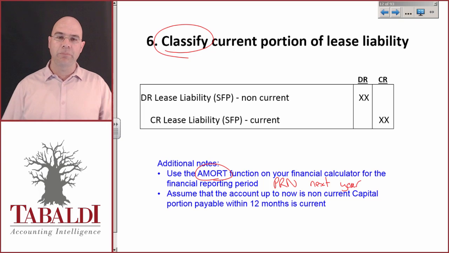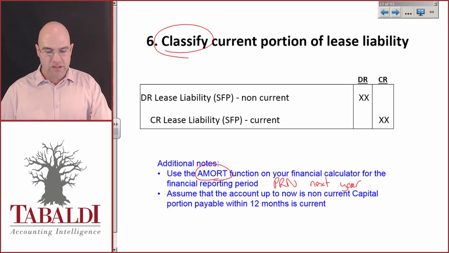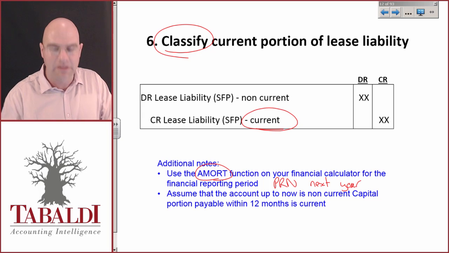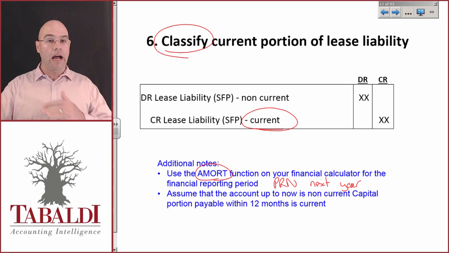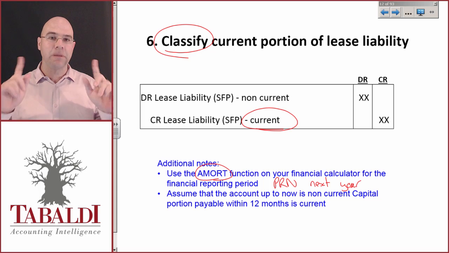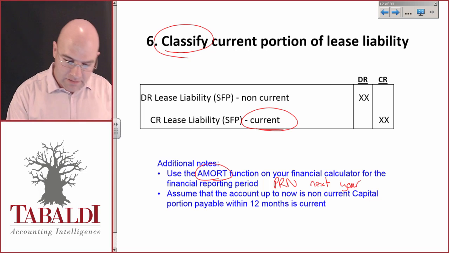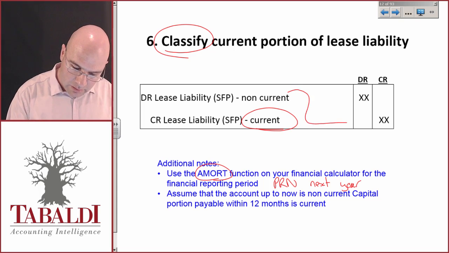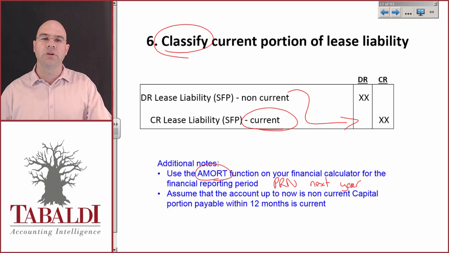The principal for the next year, the capital, is going to be part of the current liability. So up till now, our lease liability has been a non-current item. We are then going to take a portion out of non-current and put it into current. Purely a disclosure issue.